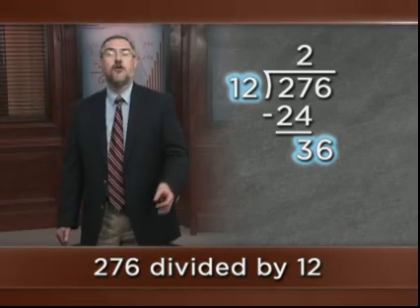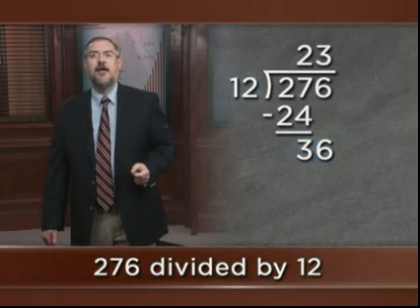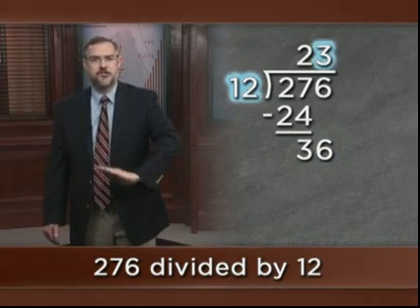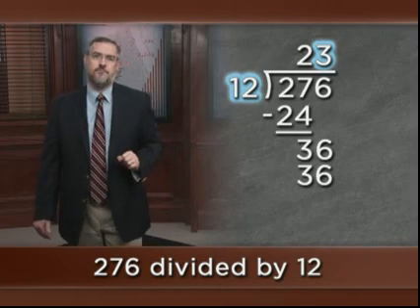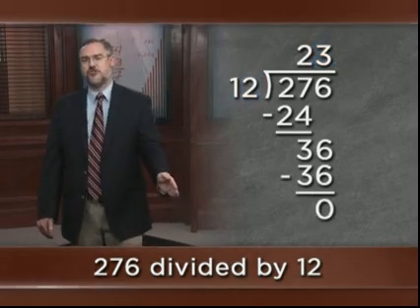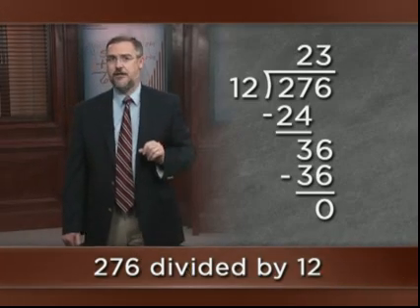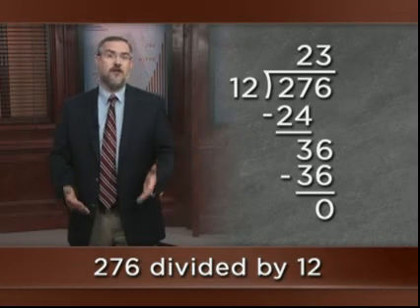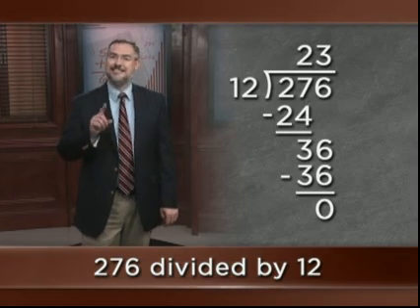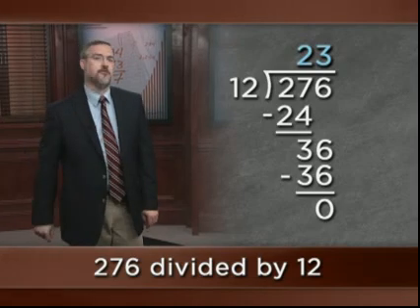So we're going to write that 3 up above the 6 in the dividend, and we're going to have a 3 in our answer section. 12 times 3 is 36, so we put a 36 at the bottom of our work. 36 minus 36 is 0, and we have no more digits to drop down because we used the 2, the 7, and the 6 already, and we have our final answer. Our final answer is that 276 divided by 12 is exactly equal to 23 with 0 remainder.